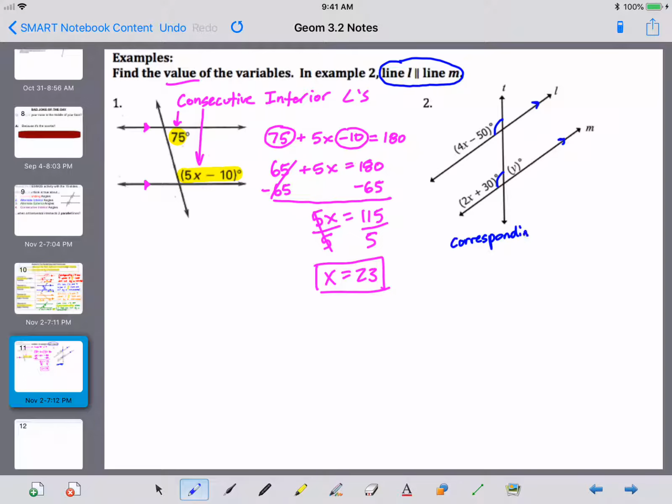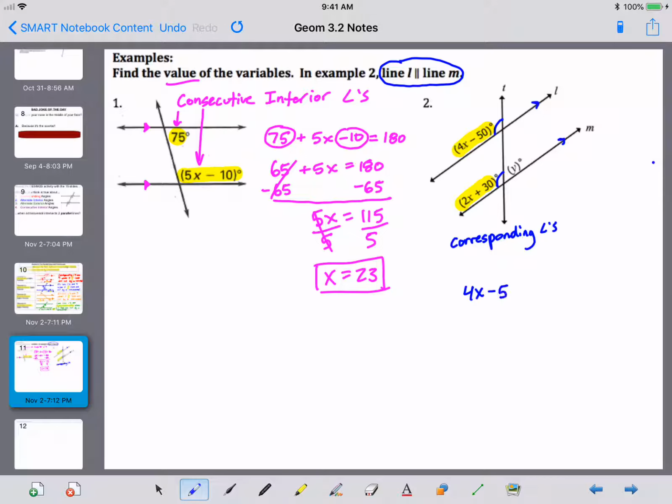They're in matching positions. So if we have corresponding angles, remember that we can set this angle equal to this angle. Because if those lines are parallel, corresponding angles are congruent.